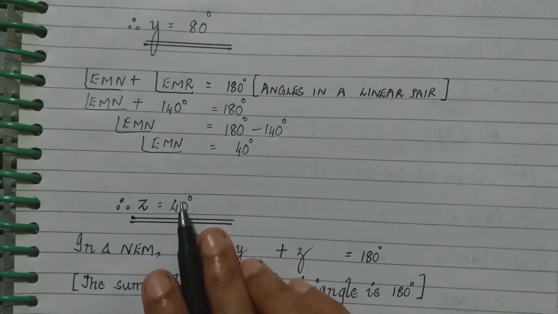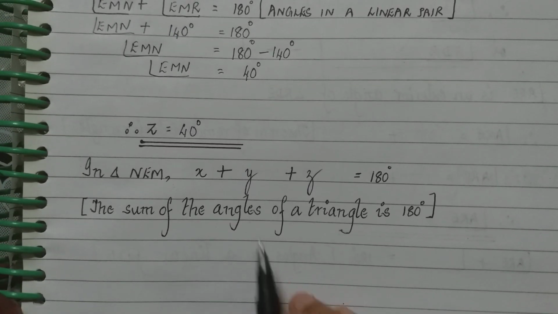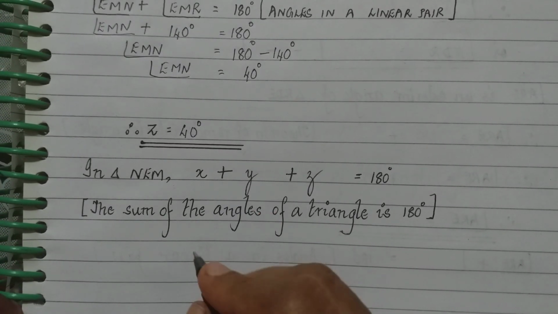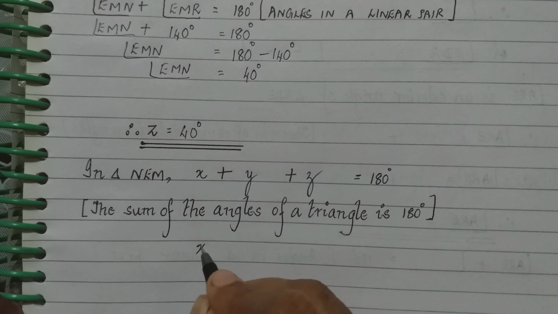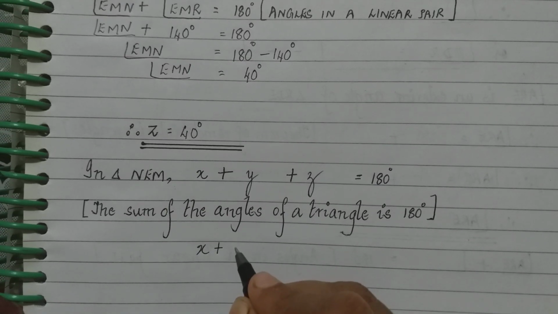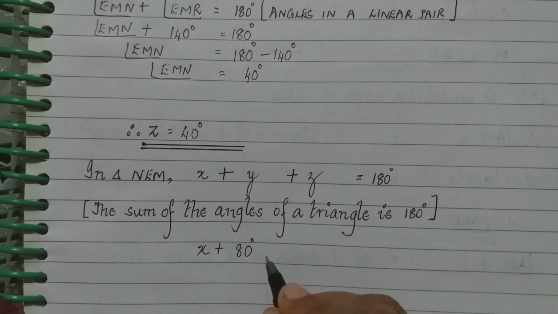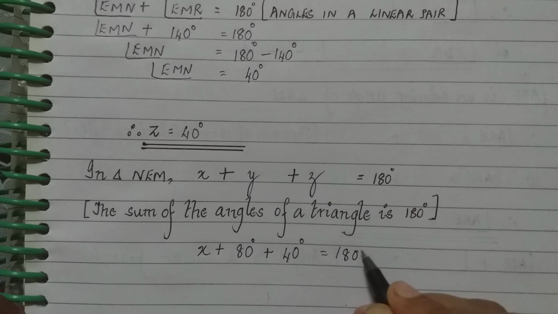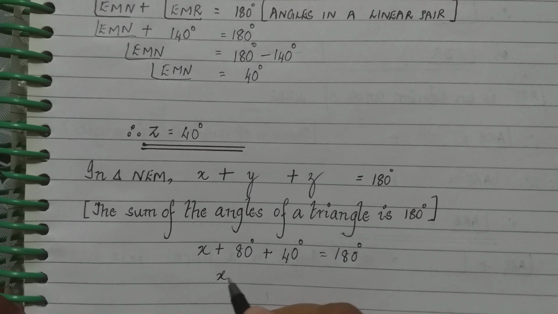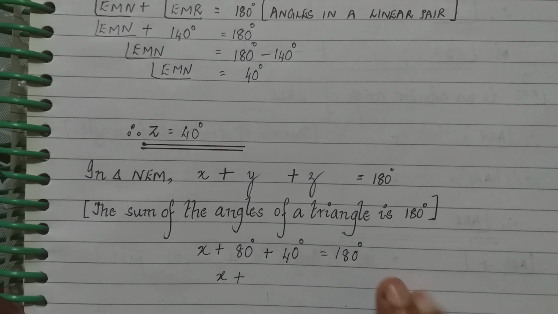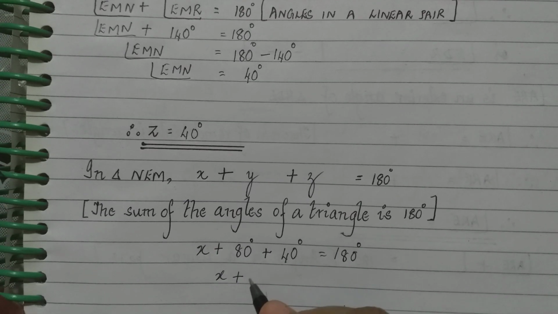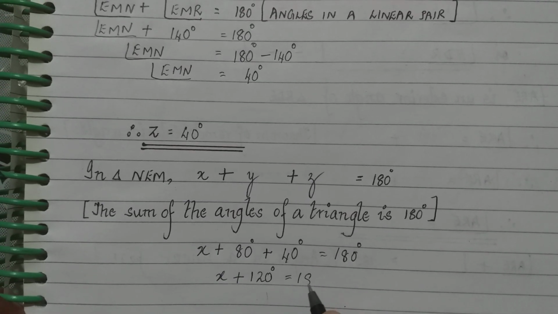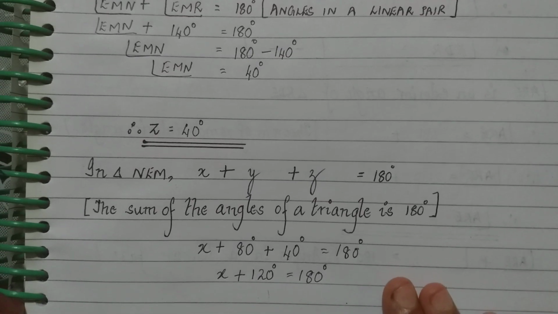Now here we already found out what is y and what is z. Y is 80 degree, Z is 40 degree. So in place of Y and Z, I will write X plus 80 degree plus 40 degree is equal to 180 degree. X plus 120 degree is equal to 180 degree.